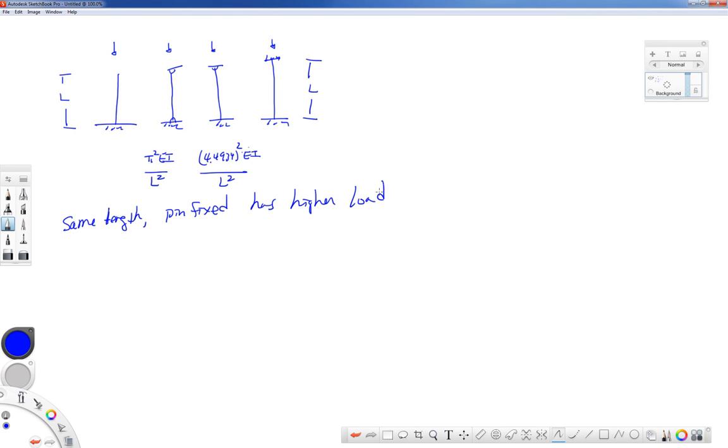But another way I can look at it is I can make the column that's pinned and fixed taller, and it will have the same load as a shorter pinned and pinned column.